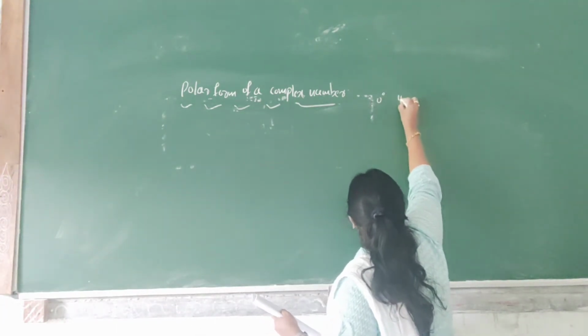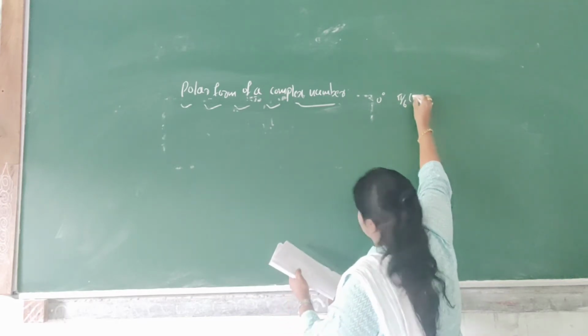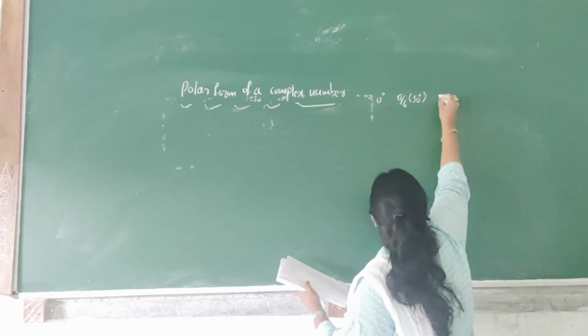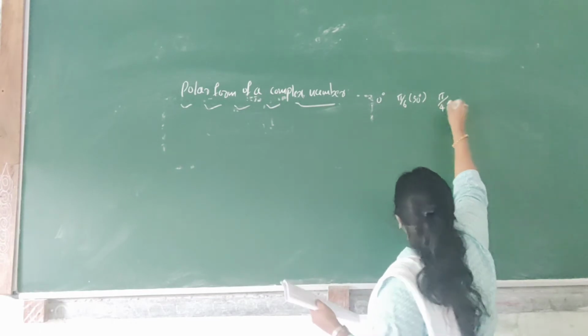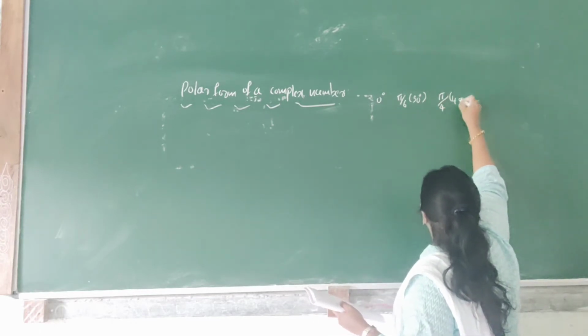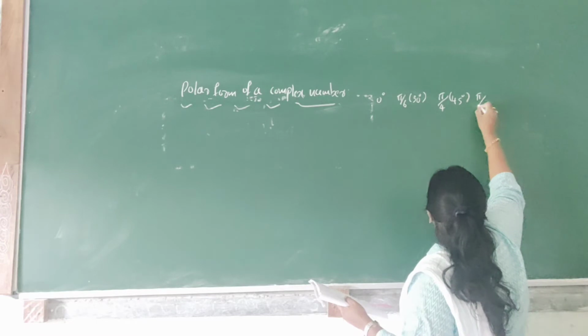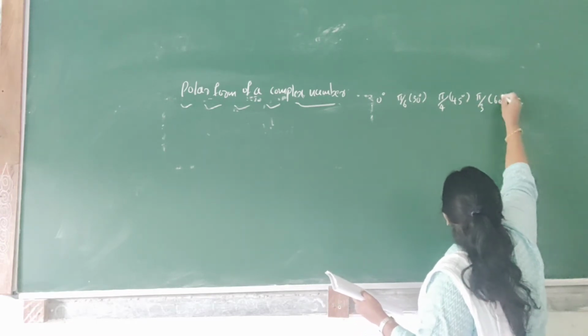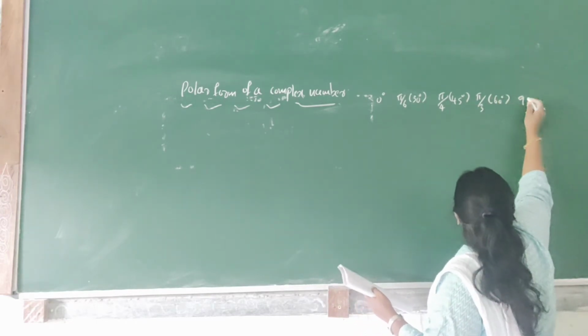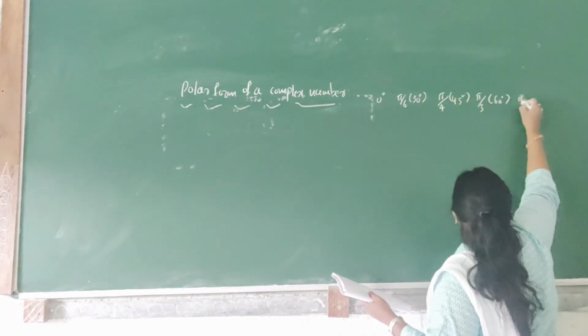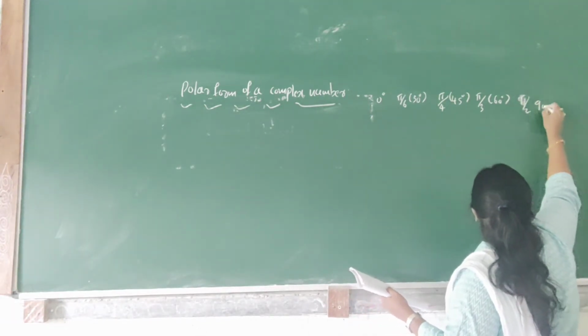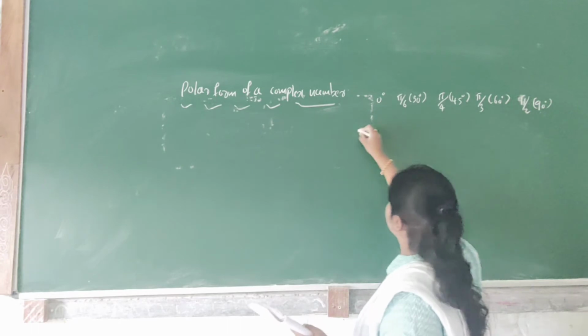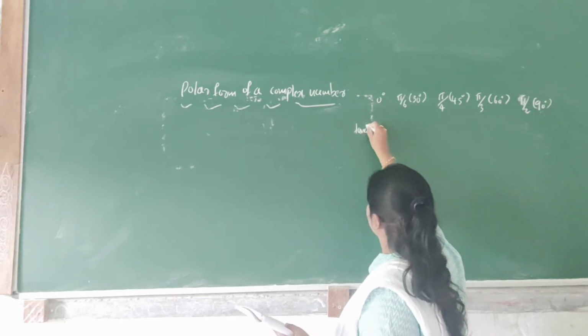0 degree, pi by 6 is 30 degree, pi by 4 is 45 degree, pi by 3 is 60 degree, next 90 degree, pi by 2. Only tan theta values remember, okay?